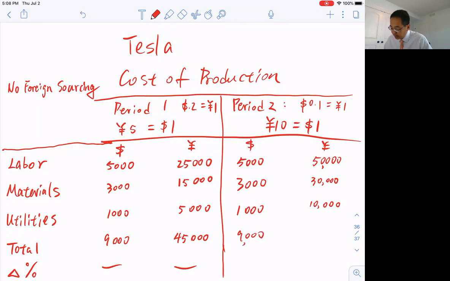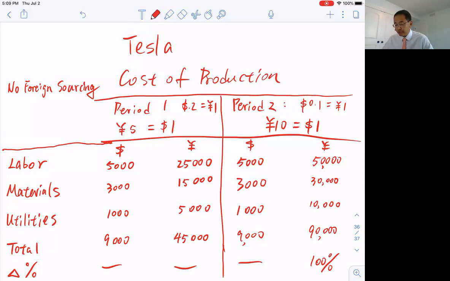So the total cost for producing a Tesla is still $9,000, but now in China they have to sell their product for 90,000 yuan or more. So the dollar cost had no percentage change, but the Chinese equivalent cost increased by 100% just because of the dollar appreciation.